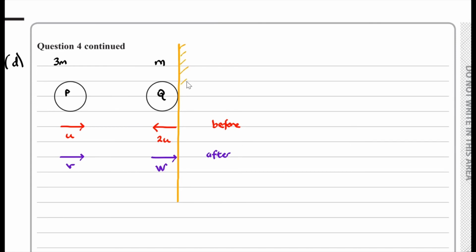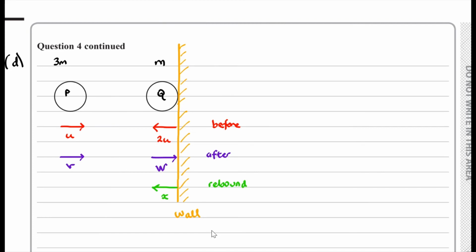So what we have over here is a wall, and essentially once Q hits this wall, it rebounds back. So if it rebounds back, let's just draw on that rebound. It rebounds over here, and we'll call the speed at which it rebounds x. Okay, so this is the rebound.